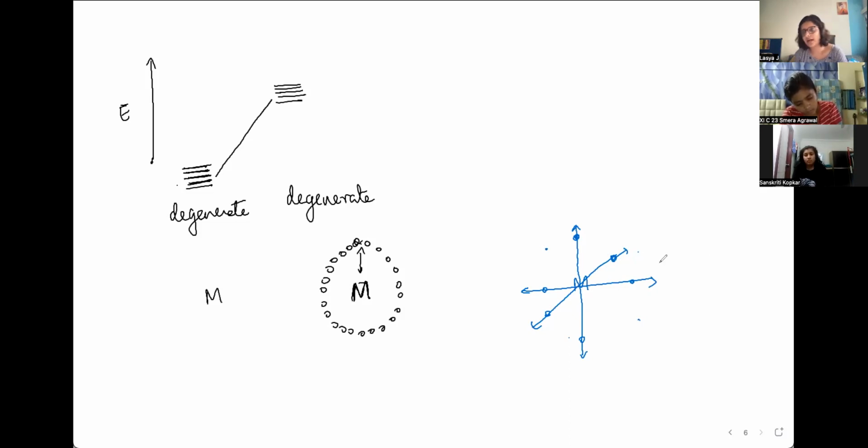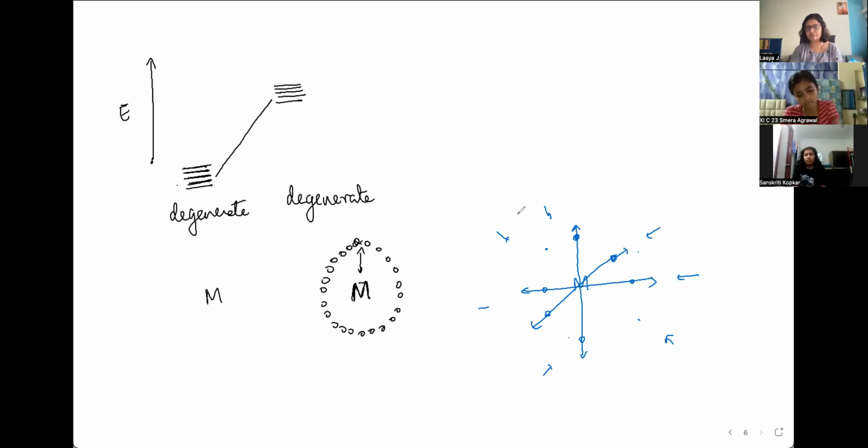Depending on how the ligands are approaching, whether they're approaching on the axis, octahedrally, or between the axes, tetrahedrally, some d orbitals are going to face higher energies and some other d orbitals will face higher energies in different situations. Okay, so this is the crux of it. This is the basis for CFT.